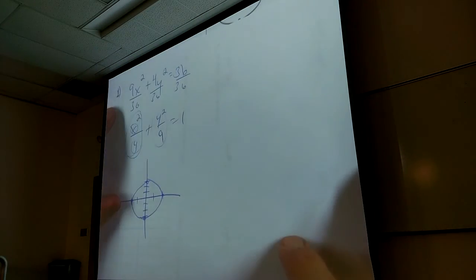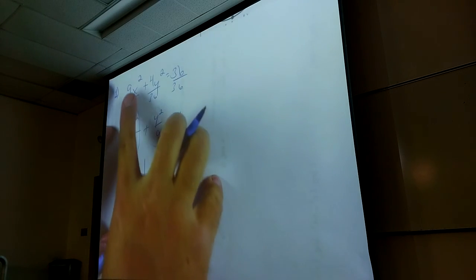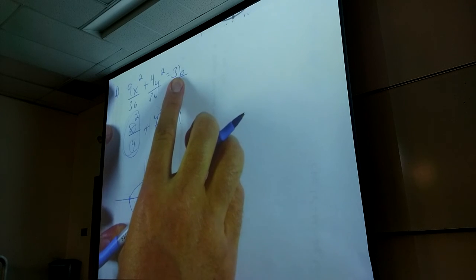I mean, circles need squared pieces in it. If only one thing is squared, it's parabolic. If neither of them is squared, it's a line. They both got to be squared to be a circle. So what one thing could I change in the original equation to make it become a circle?